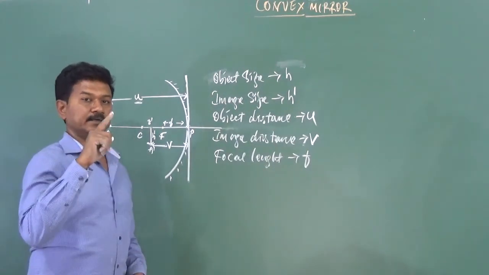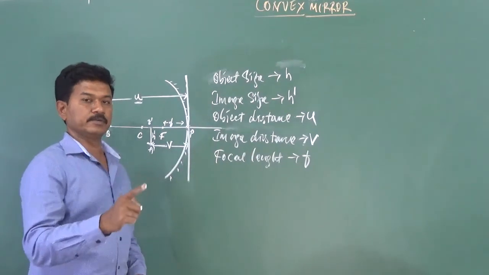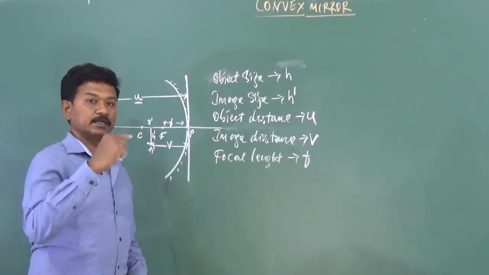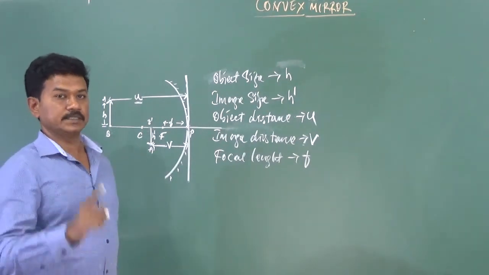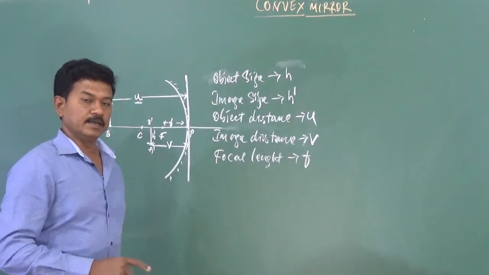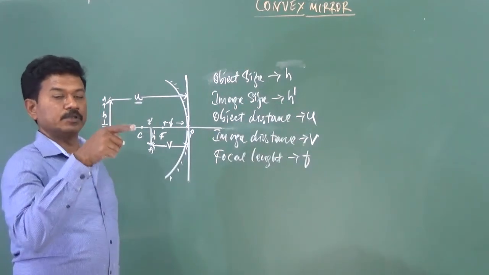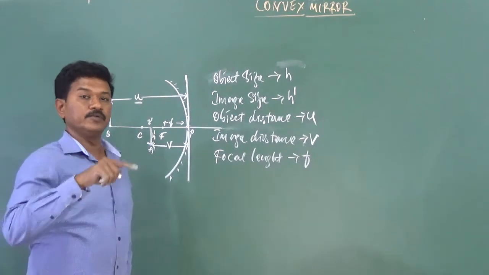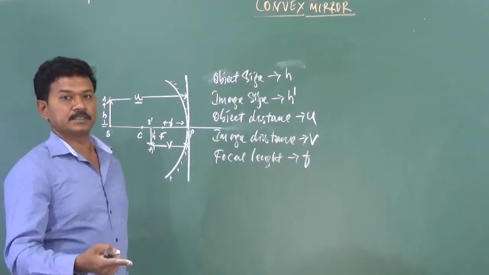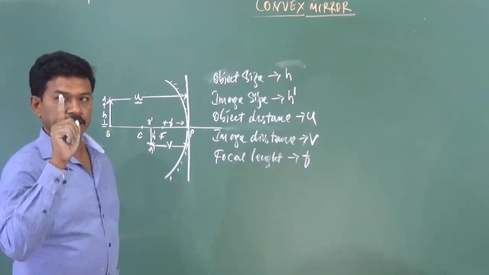And if the distance you are measuring is along the direction of the incident light rays, then it is taken as positive. These are the sign conventions I have told you earlier. Whatever you measure above the principal axis is considered positive, and whatever you measure below the principal axis is taken as negative.